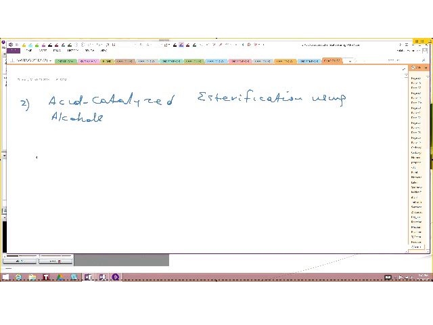I know you did this, I know you took a benzoic acid, is that what you did? Okay, so let us give you that example. Take benzoic acid. You do this in the presence of a catalytic amount of acid. Let us say we're using methanol, any alcohol. For the most part, we use low molecular weight alcohols because they are liquids.